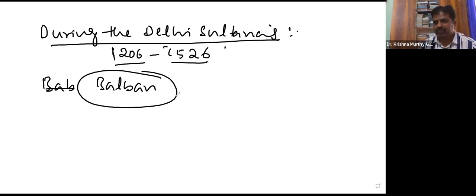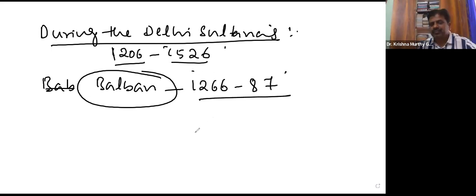Most famous among the slave rulers, he was called Ghiyasuddin Balban, who ruled Delhi from 1262 up to 1287 CE. He was a lover of music, according to contemporary accounts.